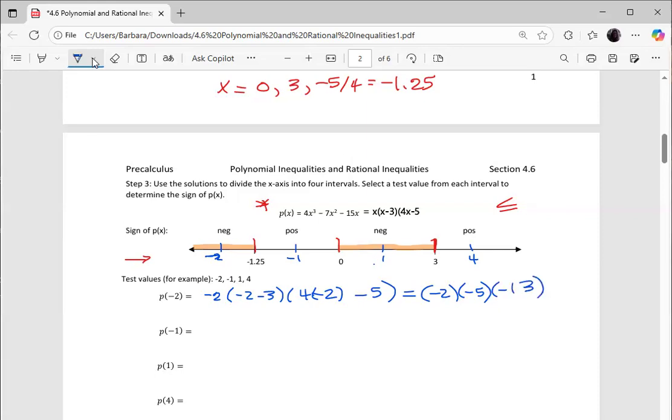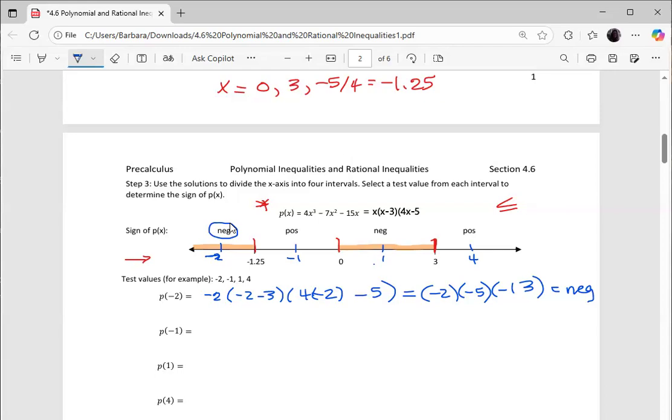And a negative times a negative times a negative is a negative number. And I don't really care about the value of it. I just want to know whether it's positive or negative.